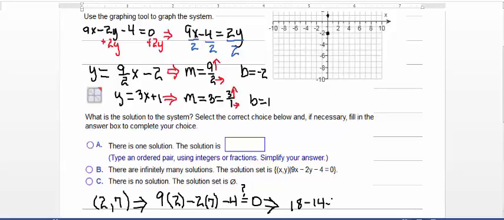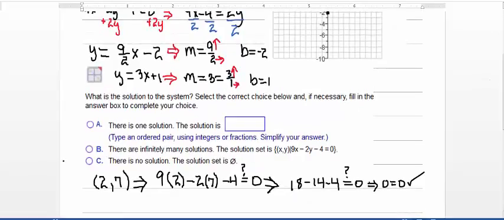So I get 9 times 2 minus 2 times 7 minus 4, which is 18 minus 14 minus 4. And we're asking, is this equal to 0? And we see that 18 minus 14 is 4, and 4 minus 4 is 0. So this does solve the first equation.